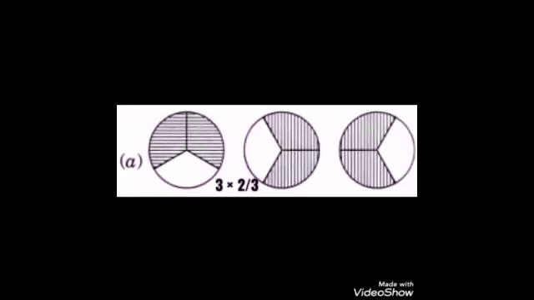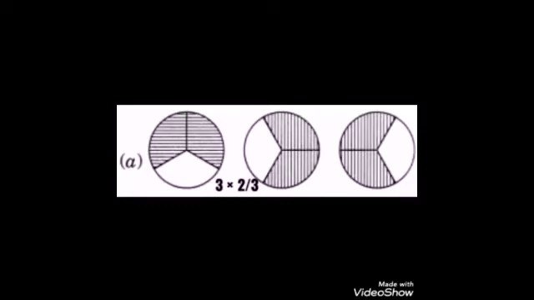Third subdivision, 3 into 2 by 3, represents drawing A. Here we are given diagram A, which consists of 3 circles. All the 3 circles are divided into 3 parts. Out of these 3 parts in each circle, only 2 parts are shaded and 1 part remains unshaded.